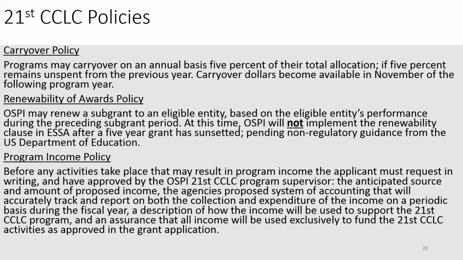It is in the iGrants pages, but just to let everybody know, starting fresh, applying this year, our carryover policy is that you may carry over 5% of your total allocation if you have that much remaining unspent the following year. Carryover dollars become available in November of the following program year. You have to fill out a budget revision and give a little bit of narrative about where you plan or propose to implement these carryover dollars.